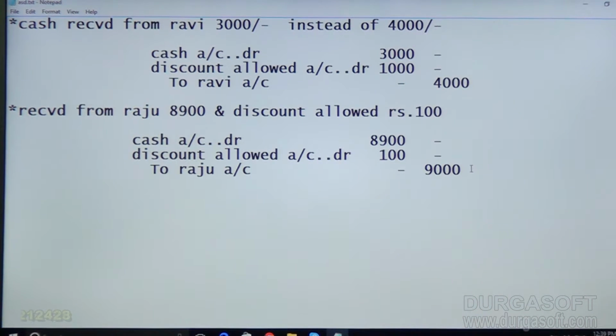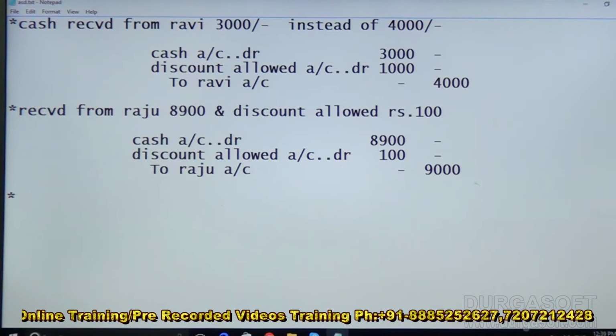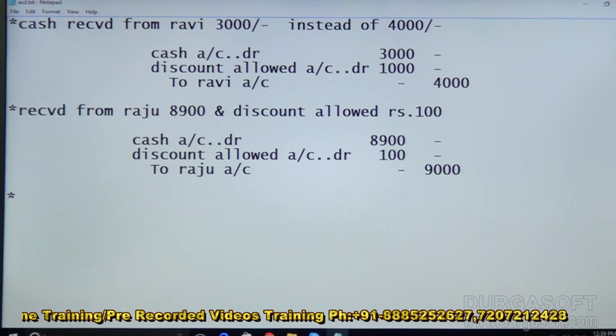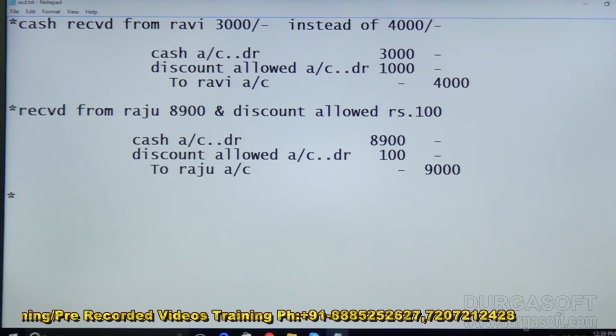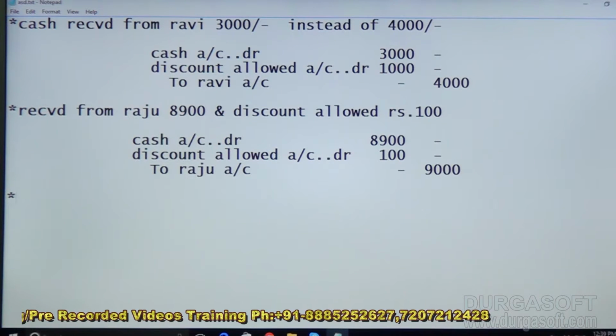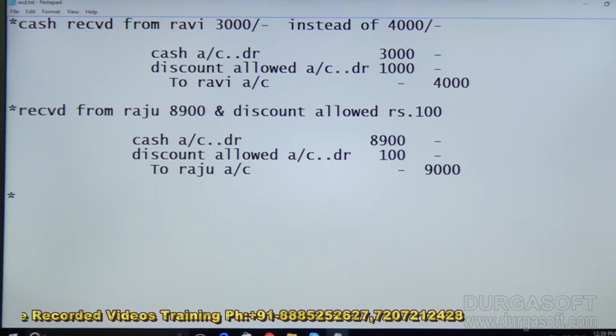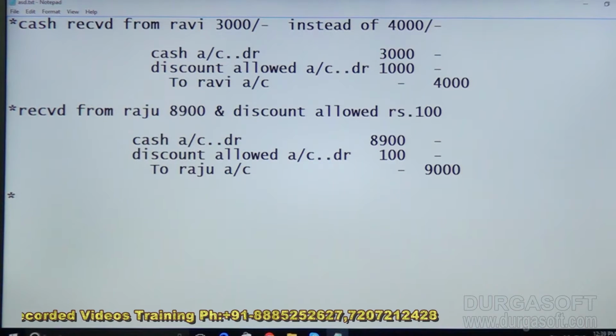We have completed the transactions which we will face in a business, or in an organization, on a daily basis. And some more transactions we can see. For example, if you open an account, how do we write the entry?